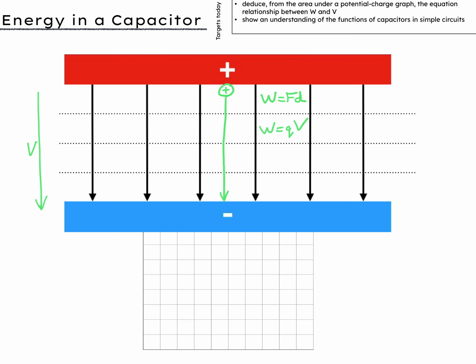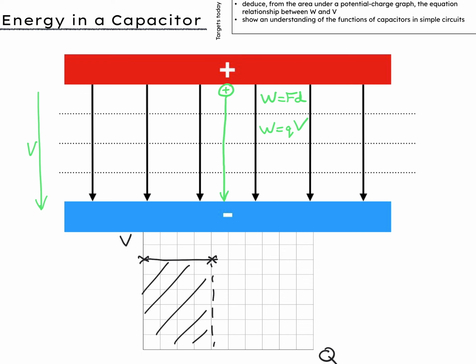On a graph, let's start with a certain voltage but no charge. After the charge moves, we have the same voltage, and now we've got a value of charge, Q. I could shade this. And the area underneath here equals Q times V.